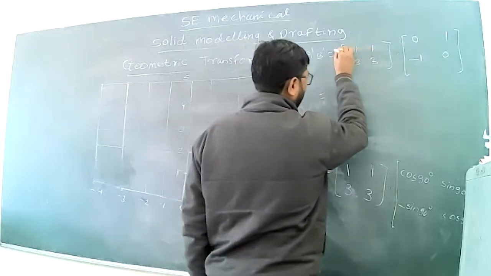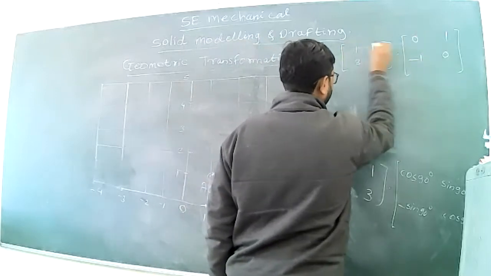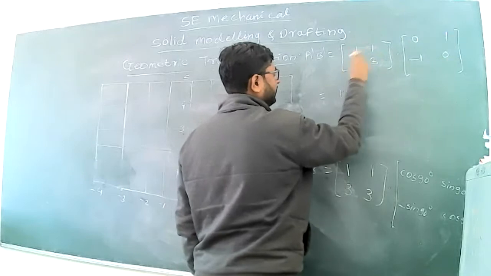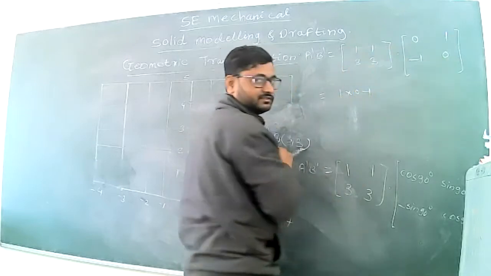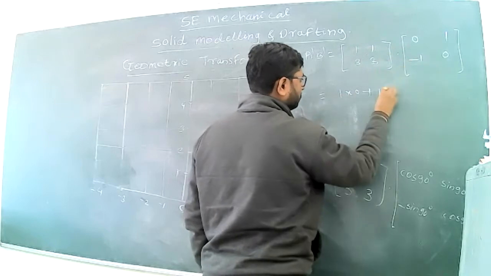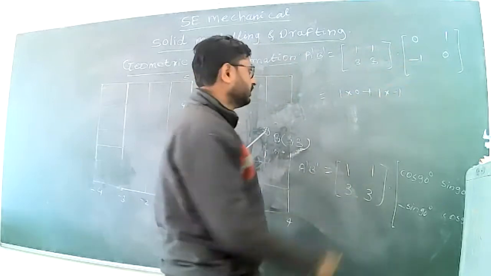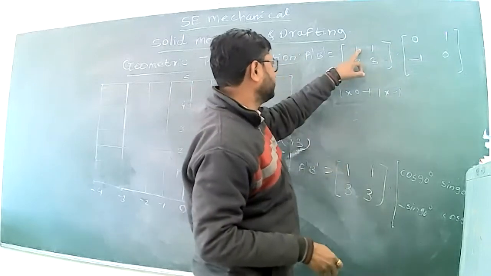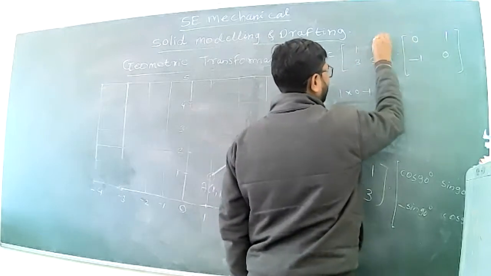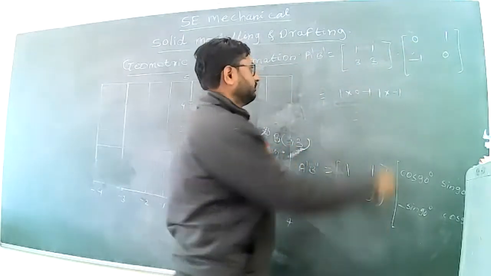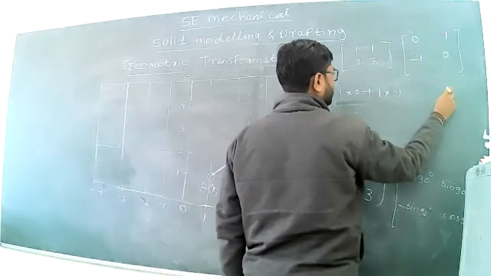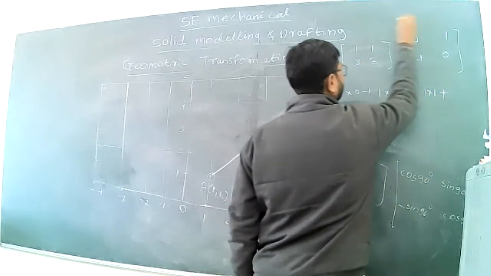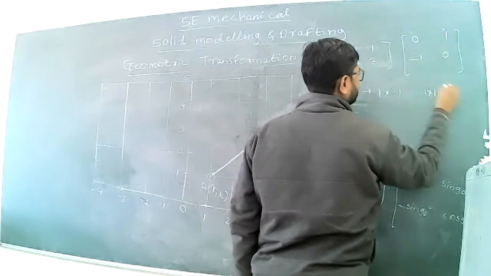We take the first row, first column, and first row, second column. The first element is 1 into 0 plus 1 into minus 1. The second element is 1 into 1 plus 1 into 0.